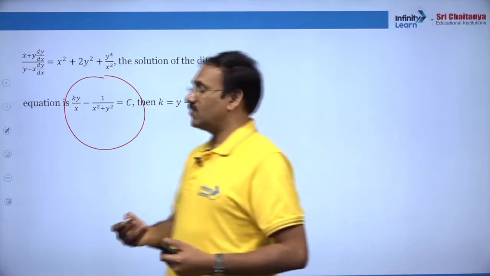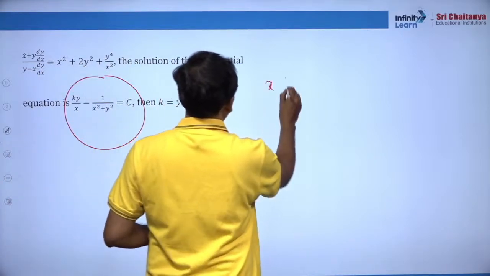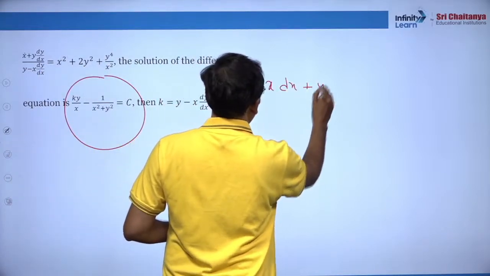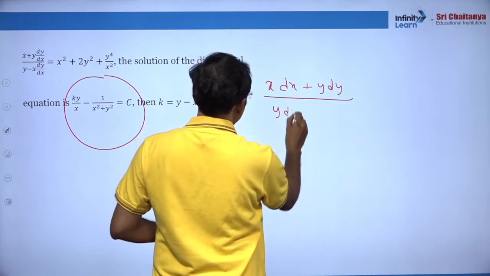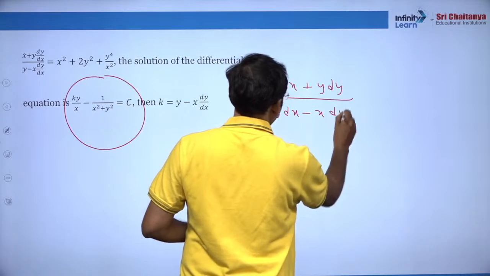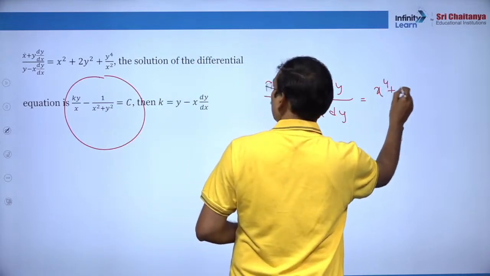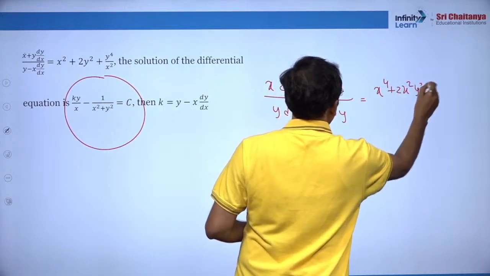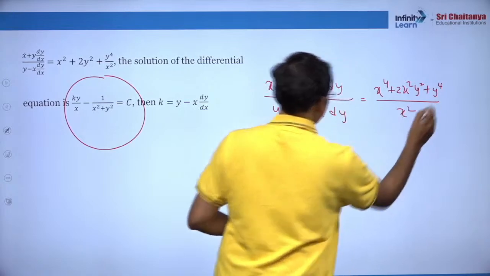For that, my dear friends, what I am going to do here is, you can write x dx plus y dy by y dx minus x dy equal to x power 4 plus 2x square y square plus y power 4 by x square.